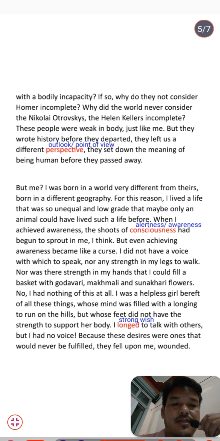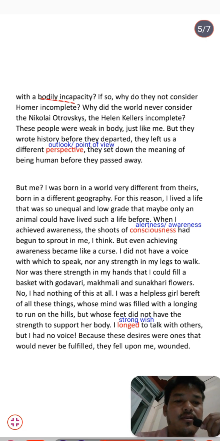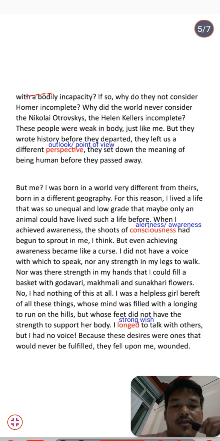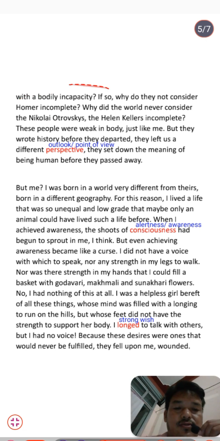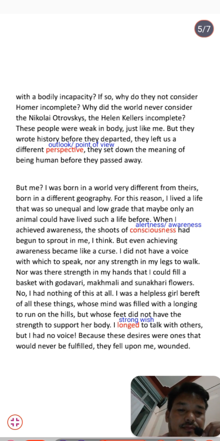Again she says, is the meaning of inability only to be brought into the world with a real insufficiency? Provided that this is true, for what reason do they not consider Homer complete, adequate, and for what reason did the world never consider Nikolai Ostrovsky and Helen Keller deficient?